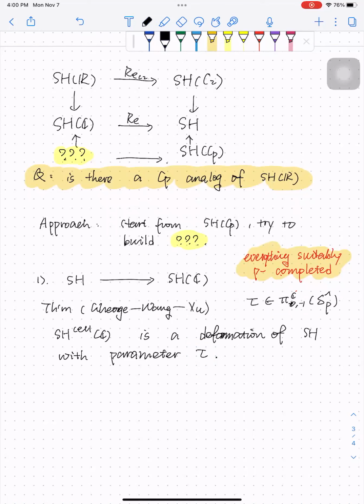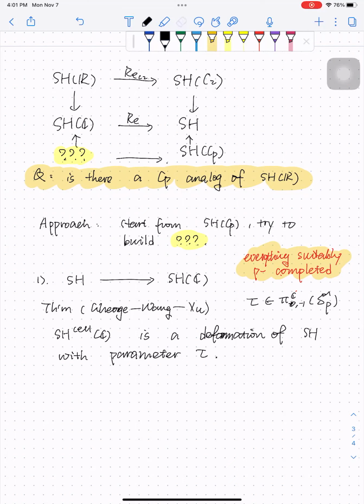But without p-completion, you don't have tau. So for example, this is one intuition why p-completion is necessary. Thank you.